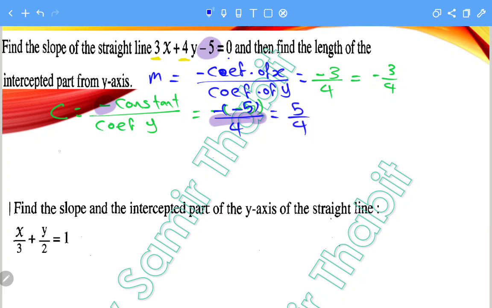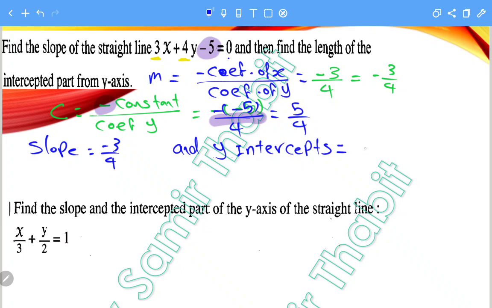That means the slope m equals negative 3 over 4, and the y-intercept equals 5 over 4 length unit from the positive direction of the y-axis.